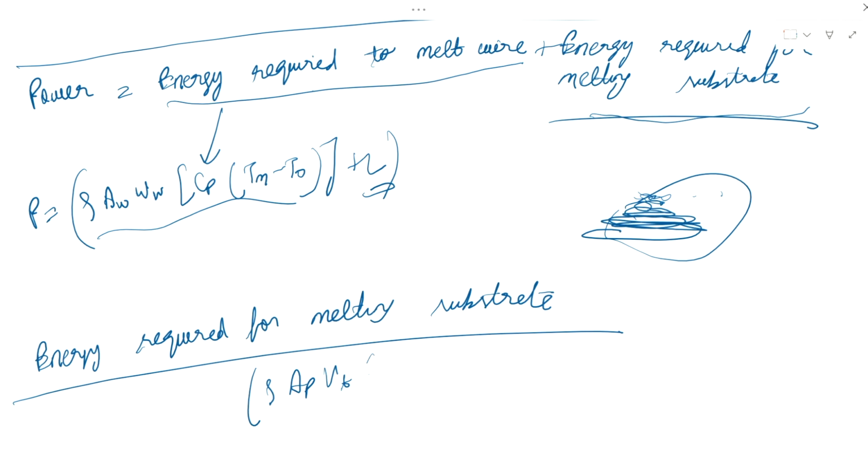I'll just draw it, one second, I'll just complete the formula. Tm minus T naught plus L. Okay. So here the temperature is in Kelvin and Cp unit is joule per kg degree Celsius. So this will be constant. You can't change this. This temperature is in Kelvin.